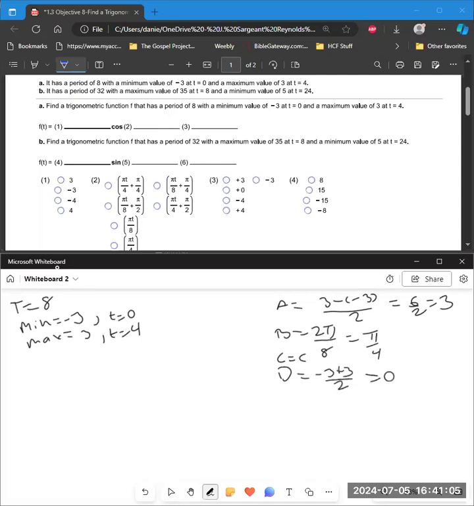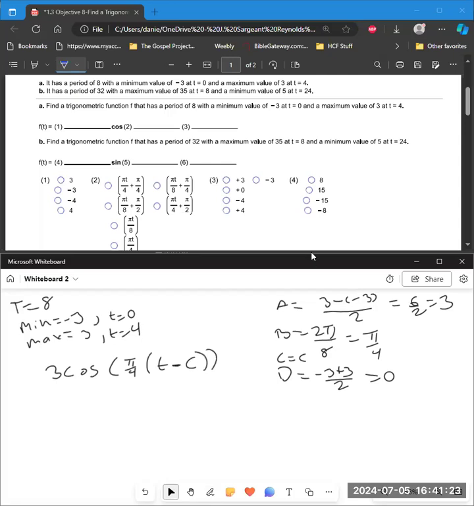They're telling us to use a cosine function here. So A cosine of pi over 4 times (t minus c) plus nothing on the end.